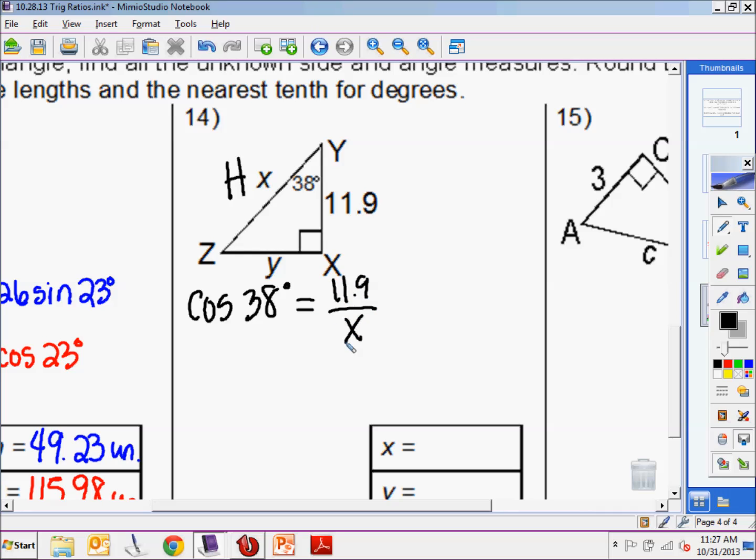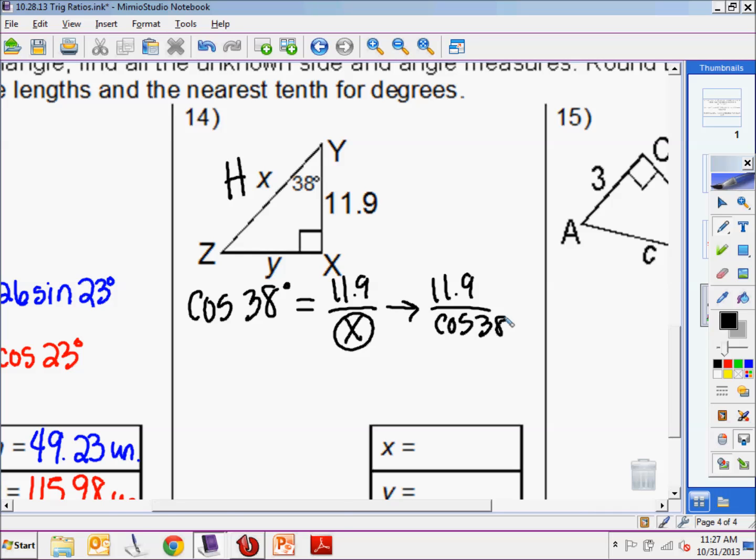Where is my variable? On the bottom, in the denominator, so I'm going to divide. I have 11.9 divided by the cosine of 38.